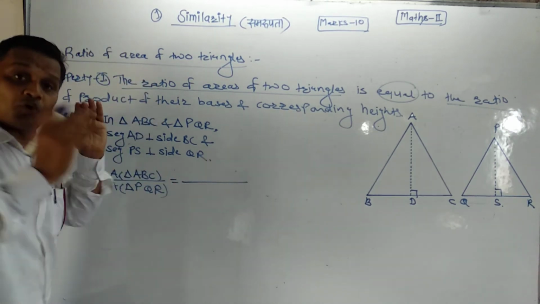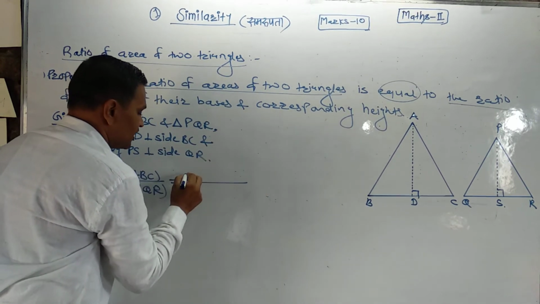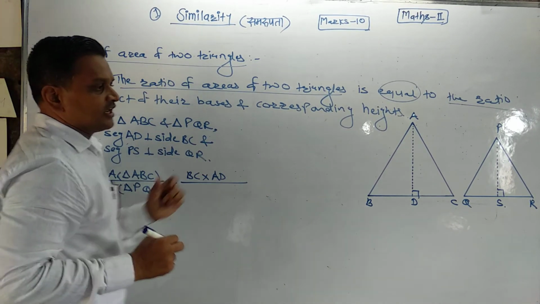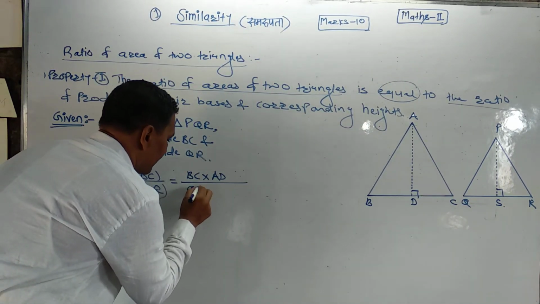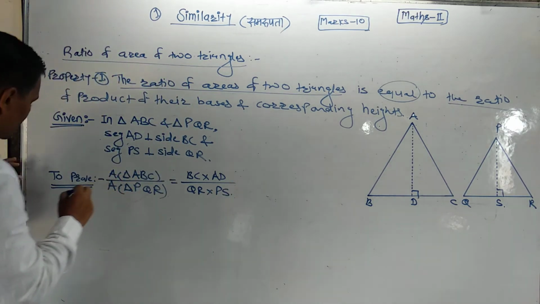The ratio of the product of bases and corresponding heights means BC is the base of the first triangle and AD is its height; QR is the base of the second triangle and PS is its height. Understand? Now proof.